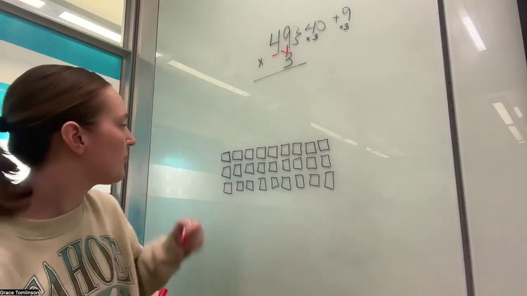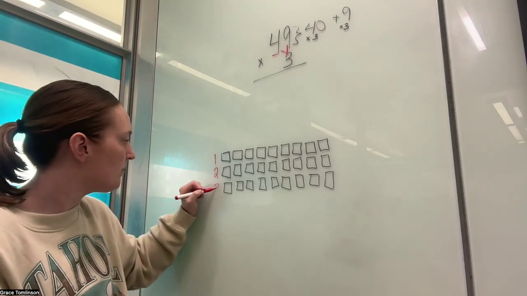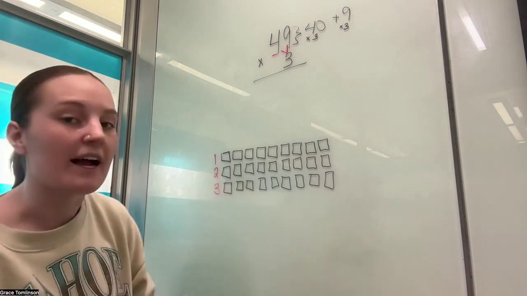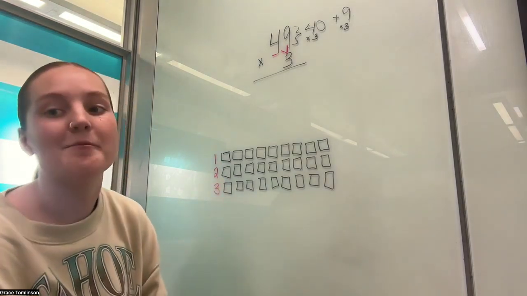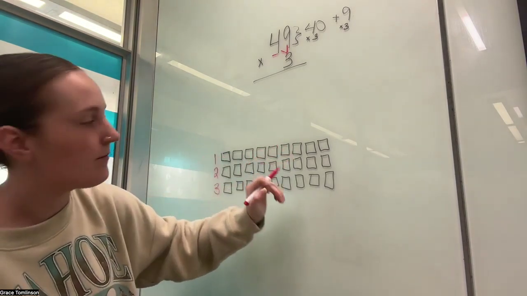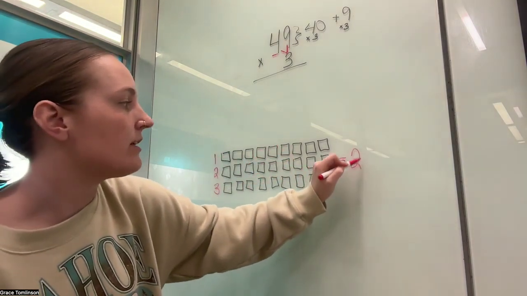So here we have our 3 groups, 1 group, 2 group, 3 group. So we can think about 9 plus 9 plus 9 is the same as 9 times 3, because it's those 3 groups of 9. So this would give us 27.